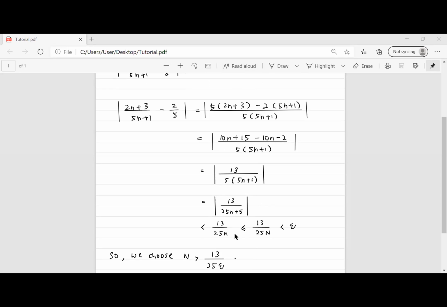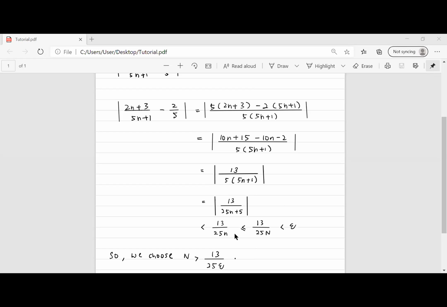This is the easiest one to put, right? Even if you cannot get the idea of the bound, you can still write that 13 over 25n plus 5 is less than or equal to 13 over 25N plus 5. It will be the same, and then bounded by epsilon. Then you can solve and find the inequality for big N. It's just a little bit messy.